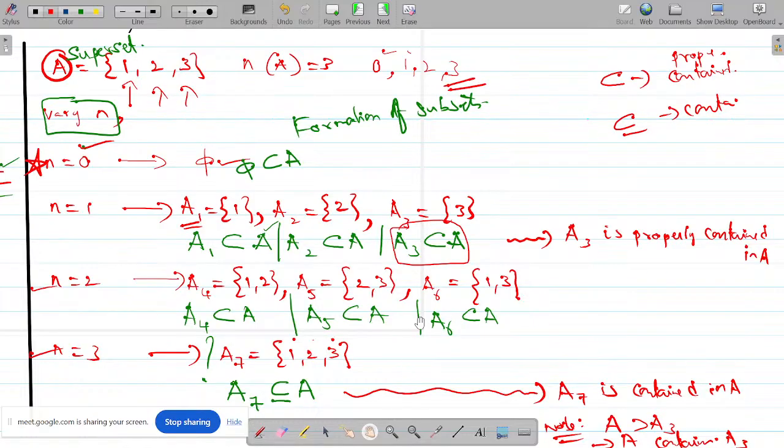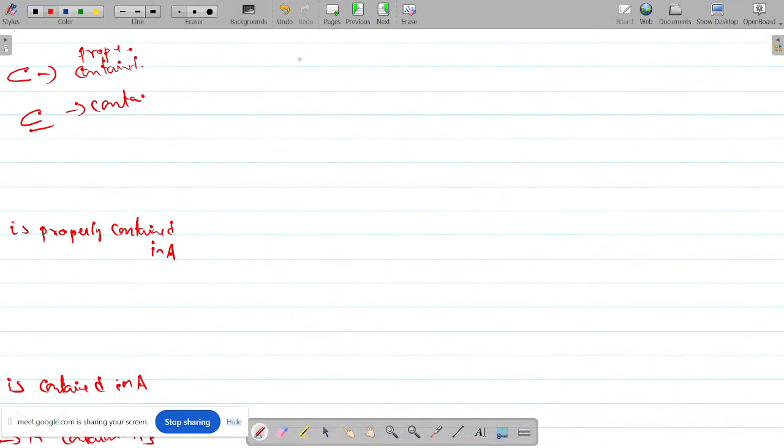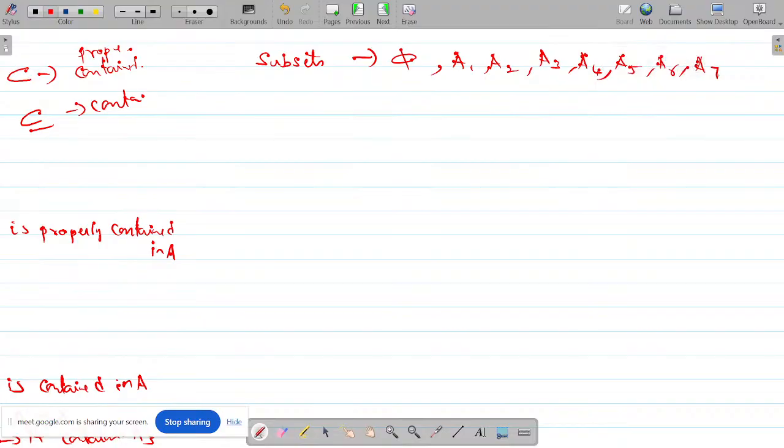Now, also I have to discuss, so let me go for a small listing for convenience's sake. What are the subsets we have defined? Null set is a subset. A1, A2, A3, A4, A5, A6, and A7. Number of subsets: how many subsets will you have? 2 power n.